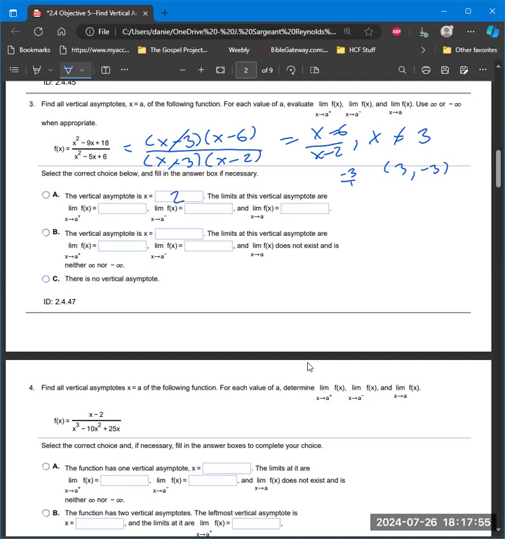Limits of this vertical asymptote are, as I come from the right, it goes to, let's look here. So I come at 2 from the right, this is negative, and this is positive, so that's going to be a negative infinity. As I come at 2 from the left, this is negative and this is negative, so that's going to be positive infinity.